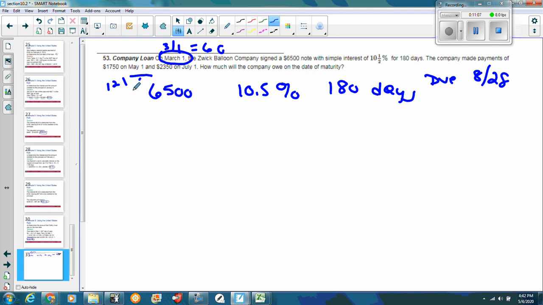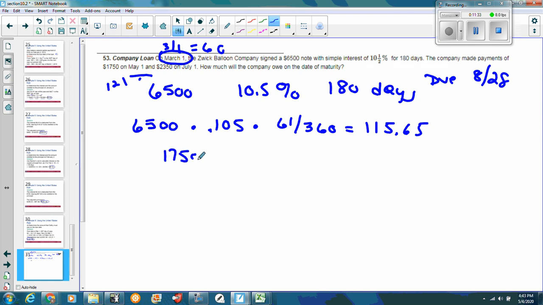So how much interest do they owe? You take the 6,500 times 0.105 times 61 days out of the 360. And that comes out to be $115.65.